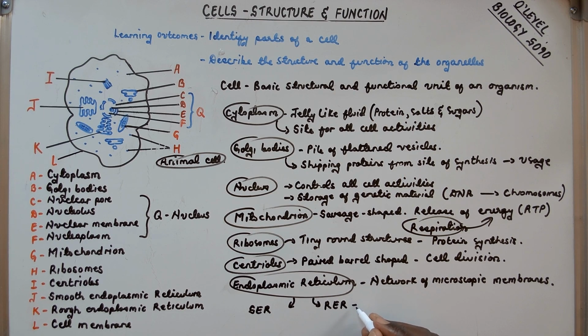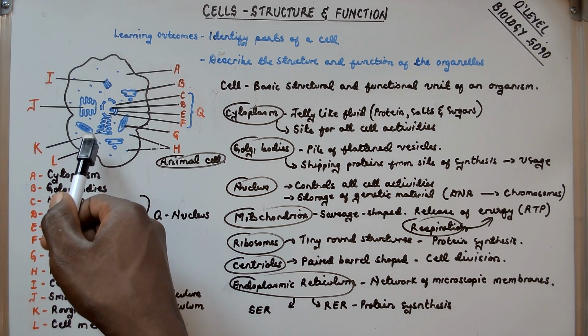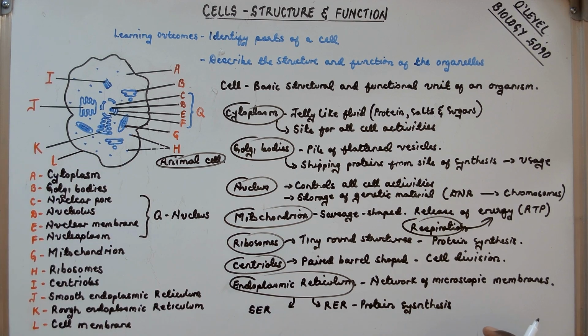The rough endoplasmic reticulum plays a role in protein synthesis. Why do we say that? If you look at the structure of this organelle, it has some tiny points, which are referred to as ribosomes.